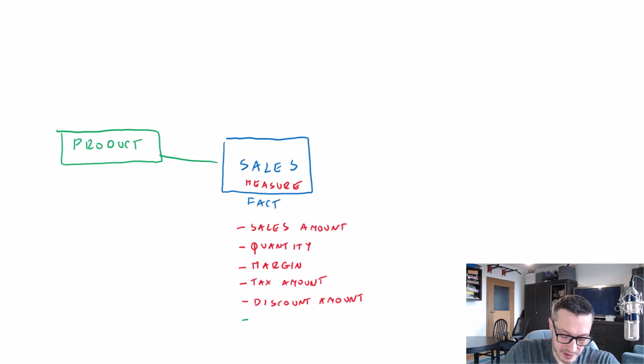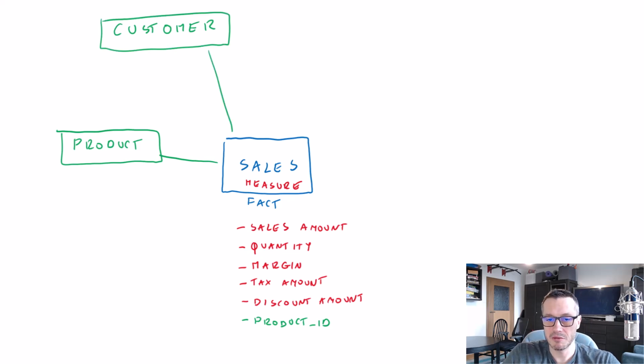So we might have this product ID, like so. Then maybe we would like to know, but who bought this product? Who was the customer? So again, we might have yet another dimension called customer, that again would be linked with our sales fact. To make this link possible, I would have, let's say, a customer ID field in our fact table.